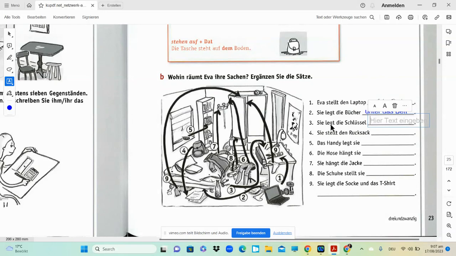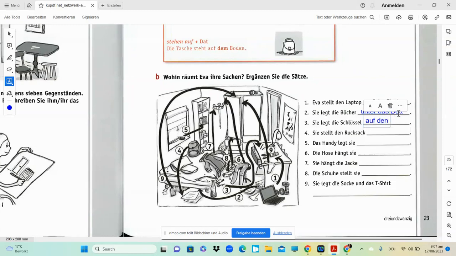Sie legt die Schlüssel, so Schlüssel are over here and she is going to keep them on the table. So auf den Tisch. I told you I have to just take care about the masculine ones. Then sie stellt den Rucksack, number 4, this is bag, neben das Bett.